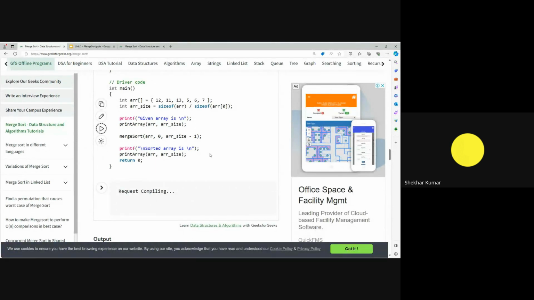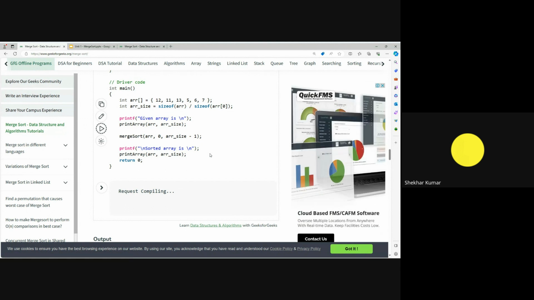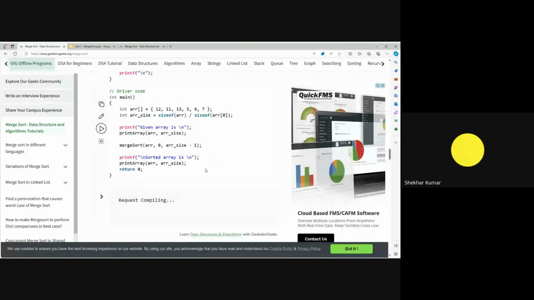Is it clear to you how the divide and conquer approach works? How the array is divided in the merge sort, and how the subproblem is calculated in each pass. Actually, it is taking some time.